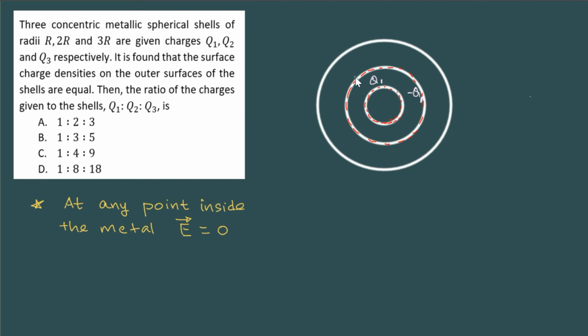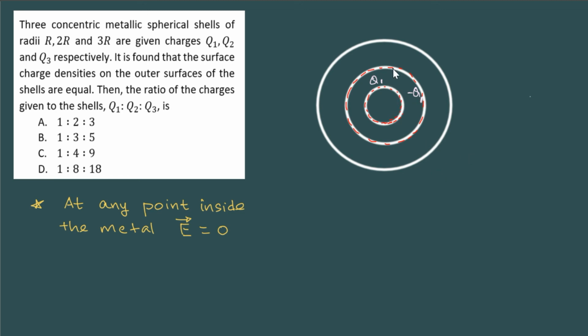At any point on that sphere, the electric field is zero, so the flux is zero. So the net charge within that sphere should be zero. Since you already have Q1 on the outer surface of the innermost shell, the inner surface of the middle shell should have minus Q1. I hope I'm making sense.